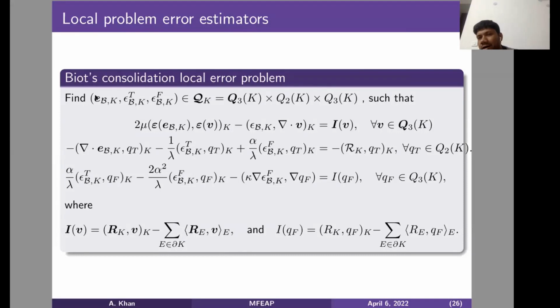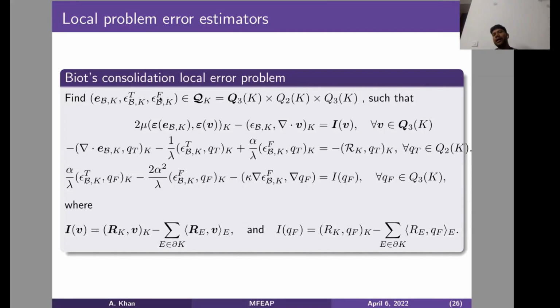To compute them, we have to solve an error equation on each local element. This is nothing but our Biot equation. We are solving locally, and this is the error equation related to this Biot problem. So we need to solve this equation in some correction spaces, Q3, Q3, and then we can compute these error quantities.